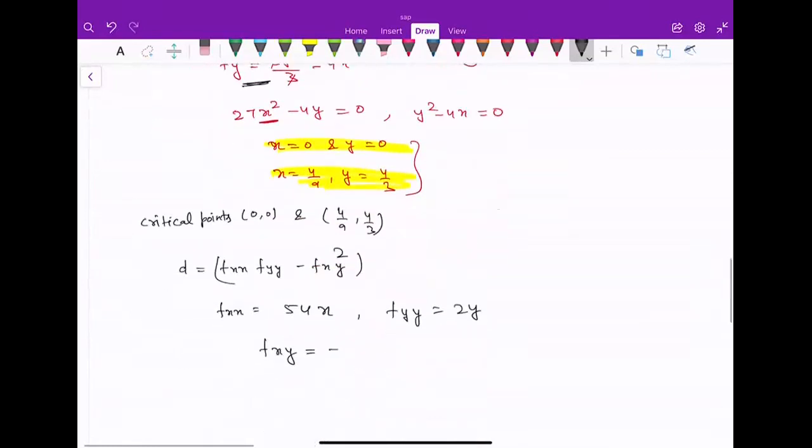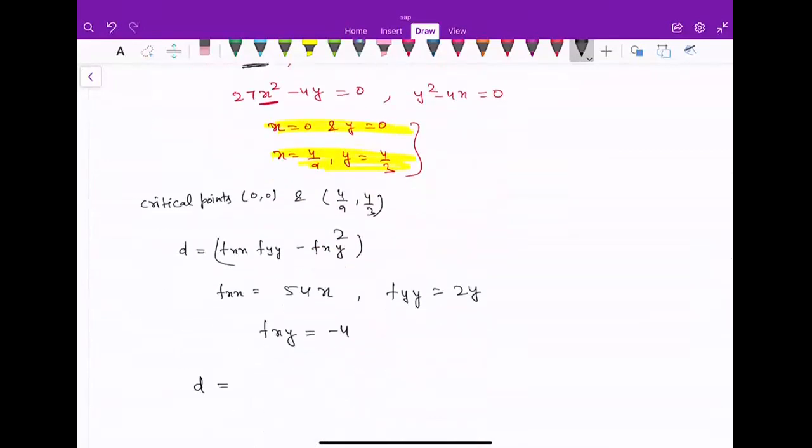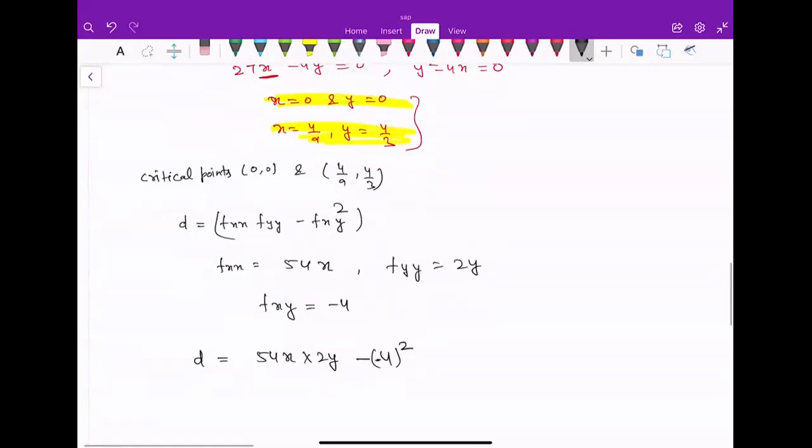Now compute the discriminant: it is 54x into 2y minus (-4) square, okay? So f_xx f_yy minus f_xy square. We compute it at (0,0). Now replace x and y by 0, it is coming out to be -16, okay?